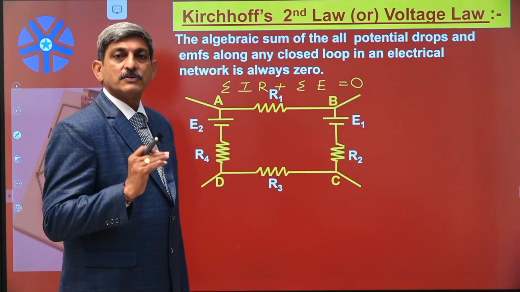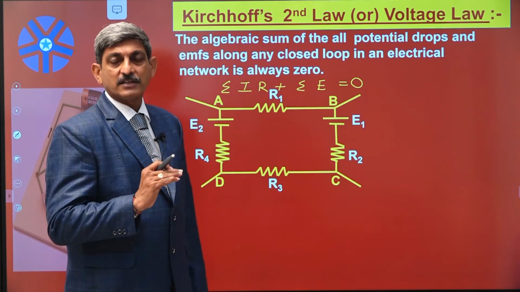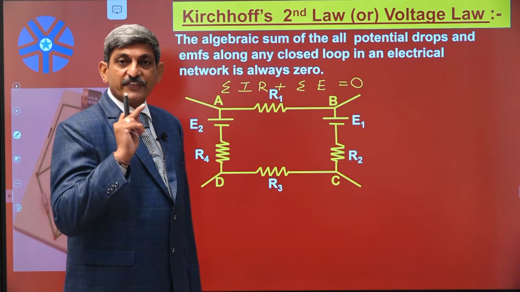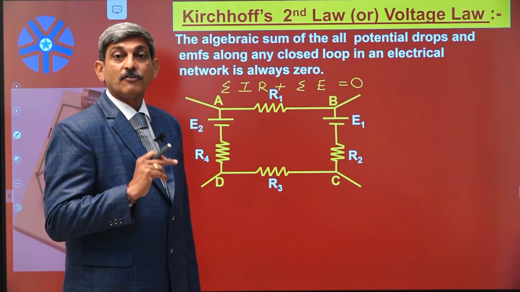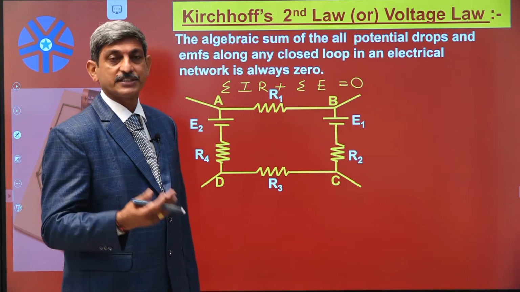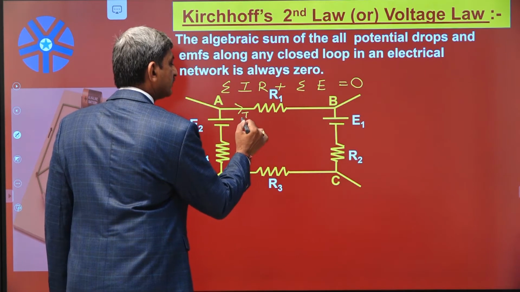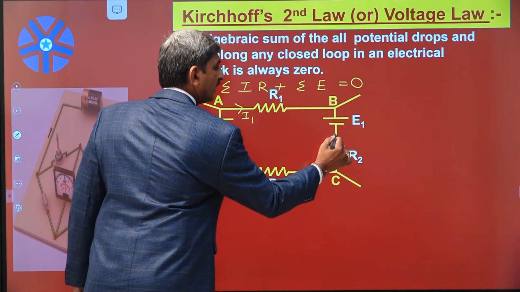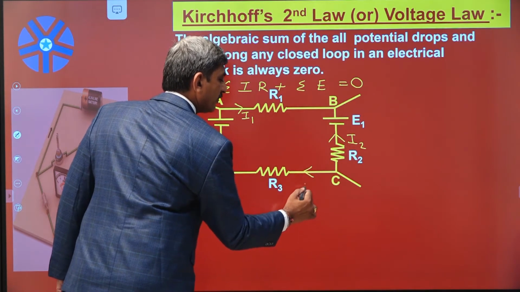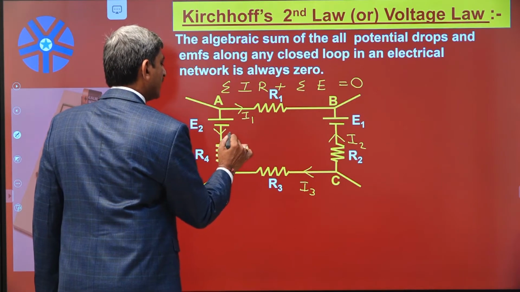While applying Kirchhoff's voltage law, we have to follow some rules. First of all, let us consider different currents in the different branches of the network. While assuming the currents, the direction is our choice. We can assume any direction. Suppose I assume the currents like this. Let it be I1, let it be I2, let it be I3, let it be I4.